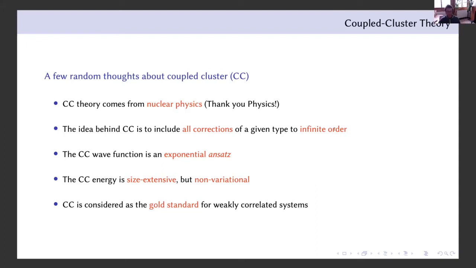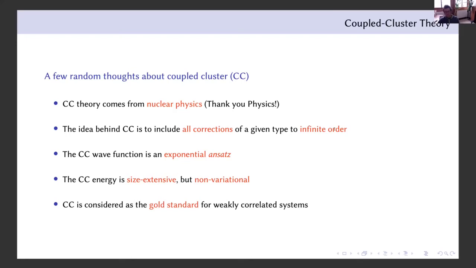The good thing about coupled cluster is that the correlation energy you recover scales linearly with the number of electrons. But you lose the variationality of the energy, which means the coupled cluster energy is non-variational, so it can be lower than the full CI energy, the exact energy.